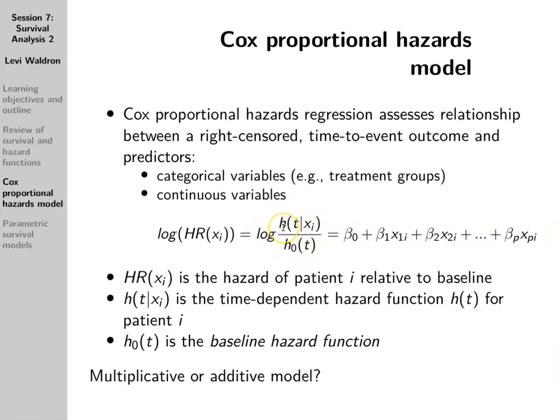Another way to look at this formula would be that the hazard ratio is equal to the exponent of the linear predictor. Or for each of these coefficients, as we'll see in the model, you would have to exponentiate it to find the ratio that it contributes to the hazard ratio relative to the reference group.